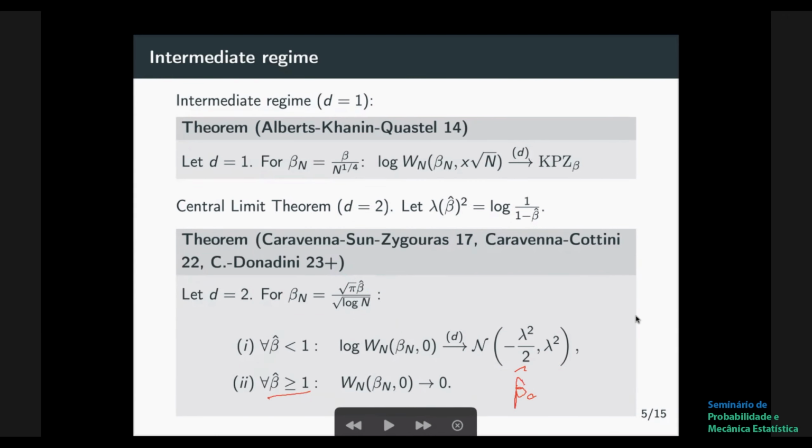In dimension 2, in this very interesting scaling, you can really find what is beta c, and that's quite interesting. In particular, you can really try to study the polymer model at the critical point and try to understand what kind of features it has. Like, is it diffusive, localized? Is it a bit of both? So there are many open questions about the critical behavior.